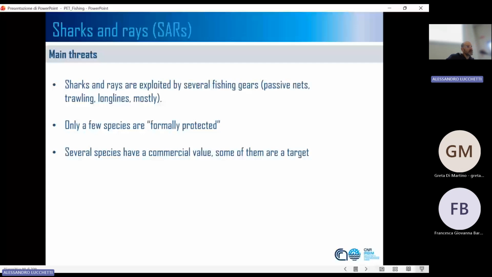If you consider Spinarolo, Squalus acanthias, Gattuccio, Palombo, they are sharks, but they have a commercial importance. Therefore, it's not so easy to say to fishers, okay, don't go there to catch sharks, or change your gear and use these because we want you not to catch sharks.